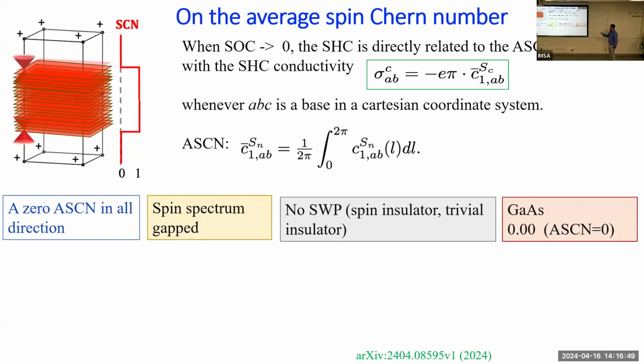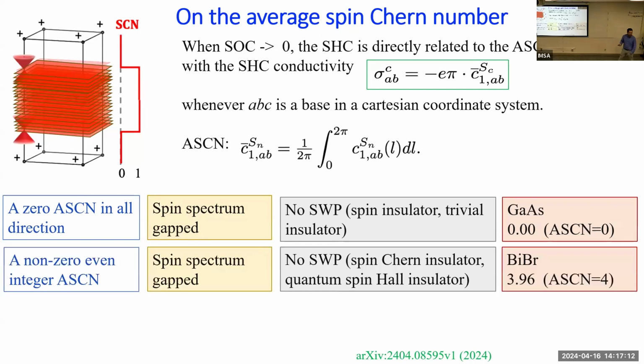I don't want to dwell on the theory, but let's connect with some material. We calculate, for example, gallium arsenide. We plot the spin spectrum, and we have a gapped spin spectrum. We don't find spin Berry points. This is a trivial insulator, and we calculate the spin Hall conductivity and the average spin Chern number by frequency.